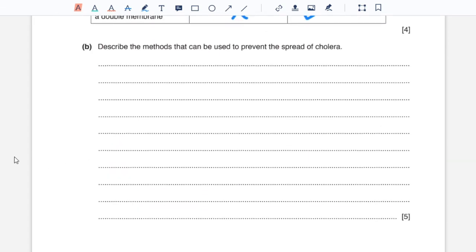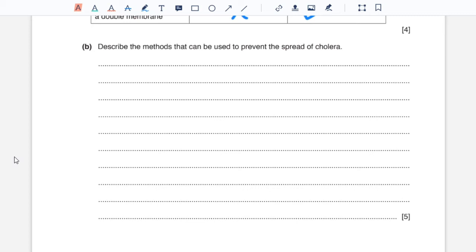B. Describe the methods that can be used to prevent the spread of cholera. Alright, in this answer you need to write down initiatives that can be used to break the transmission cycle, which could mean using vaccines for the disease so that a person receives active immunity and does not get infected, and setting up sewage disposal sites or water purification tanks, which would ensure that the water to be used is not contaminated and infected sewage does not come into contact with food or water to be ingested.